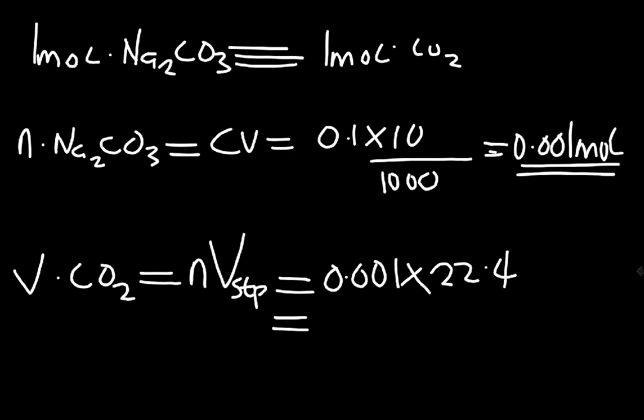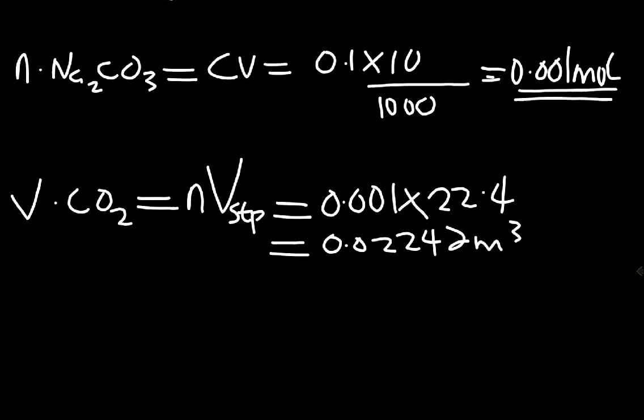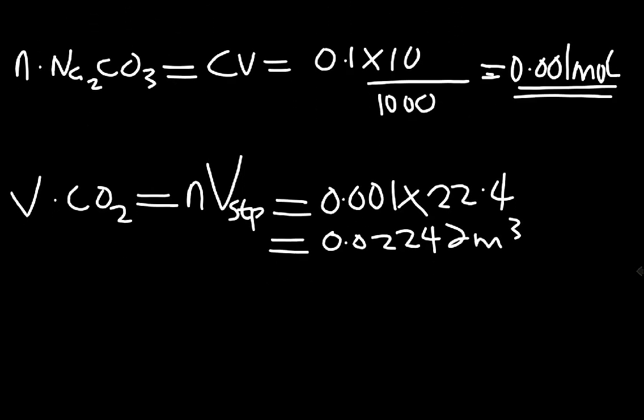Now if you multiply this, you would get 0.0224 dm³. Now if you want to convert this to cm³, you just need to multiply by 1000, and you would arrive at 22.4 cm³.